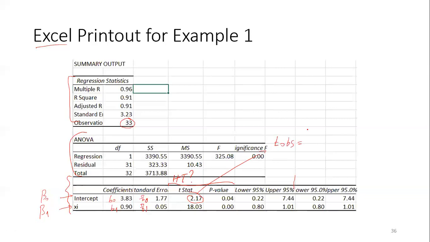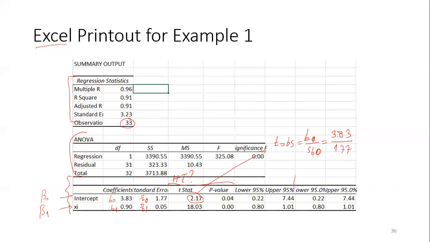T observed is equal to b1 divided by S of b1, which is equal to, what is b1? Sorry, this is b0, so this is b0 and this is S of b0. b0 is 3.83, and S of b0 is 1.77.